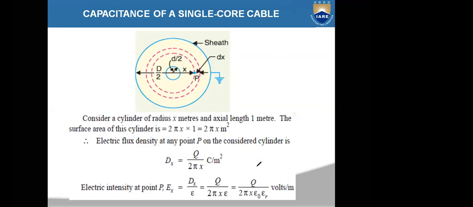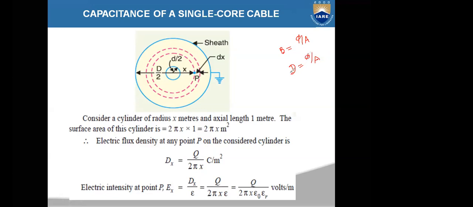If you want to say in simple words, you know that B is the magnetic flux per unit area, and in a similar manner, capital D will be the flux density, flux per unit area.